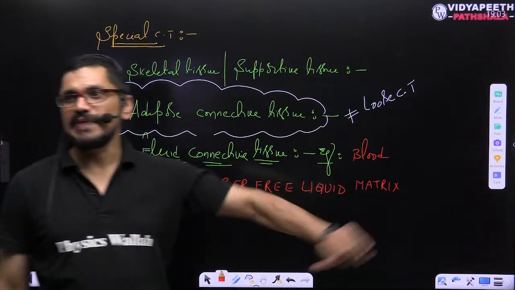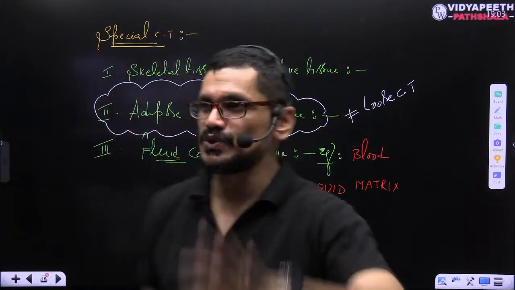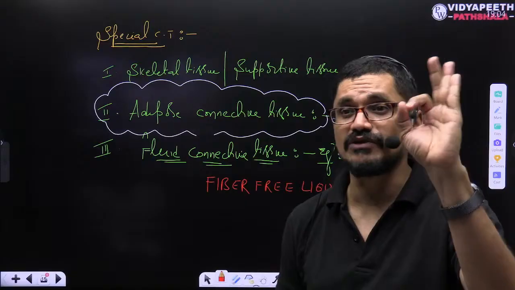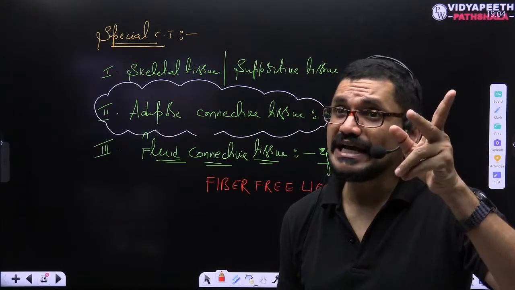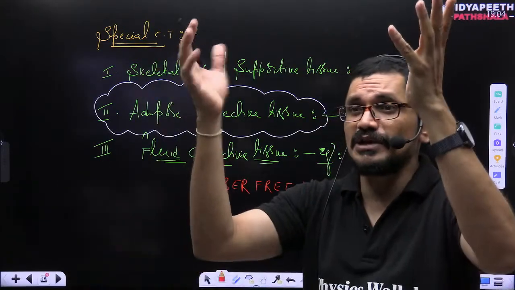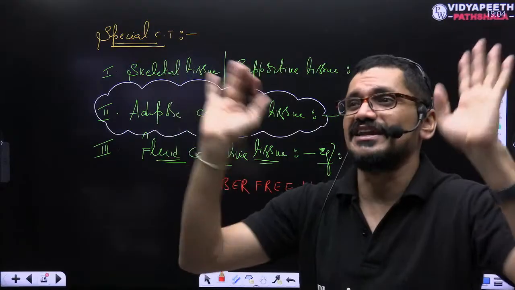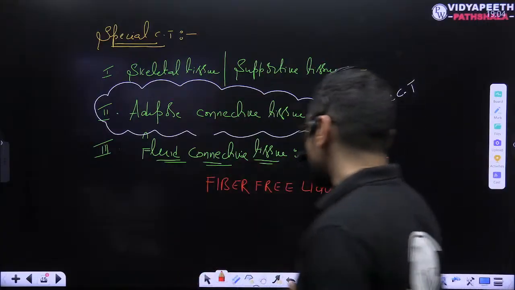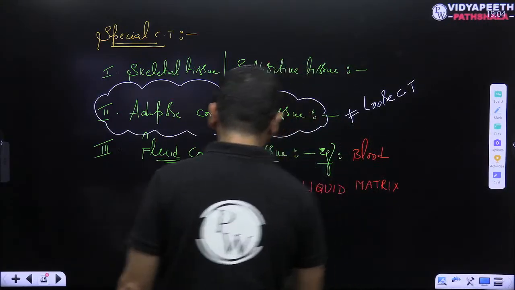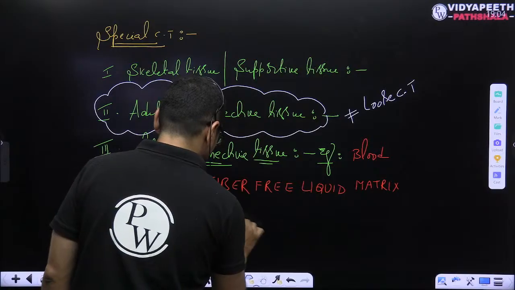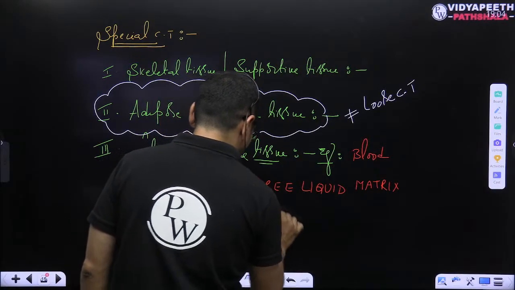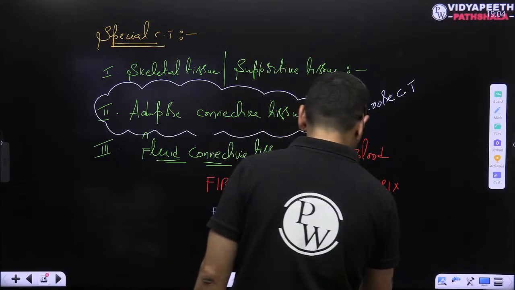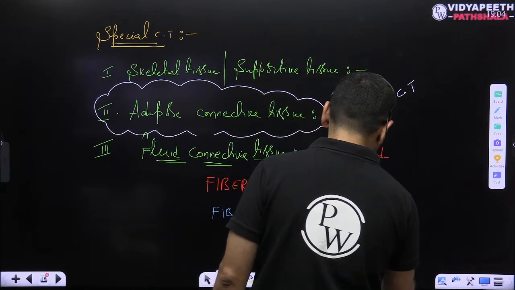Fiber free liquid matrix is present in which of the following tissues? Fluid connective tissue. Superb statement. Fiber free means fibers are absent. So I will write here: fibers absent in this tissue in a normal state.